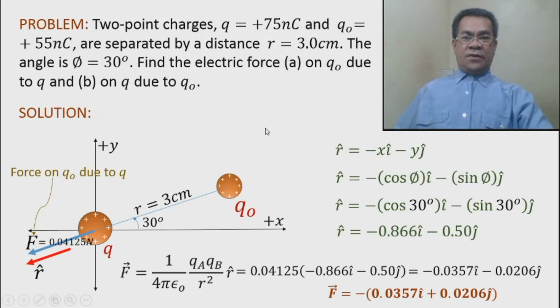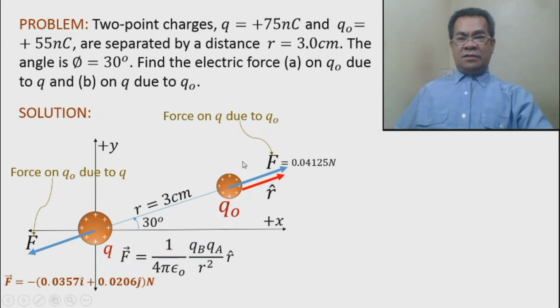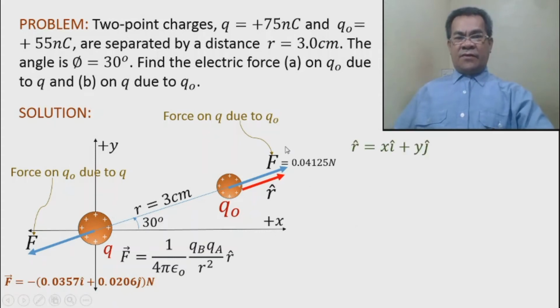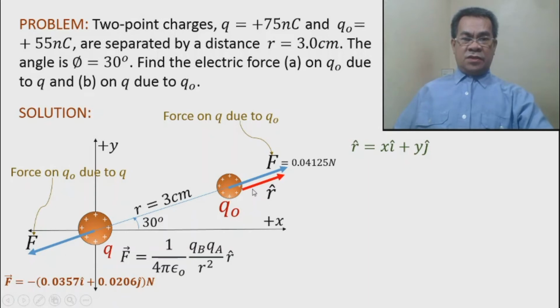Okay, so for letter B, by the way, remember, this is Q naught due to Q. So we changed this in the previous slide, so reverse this one. So again, for this force, the magnitude is the same as the force on Q. So the difference in solution now is R is in the first quadrant, previously in the third quadrant.